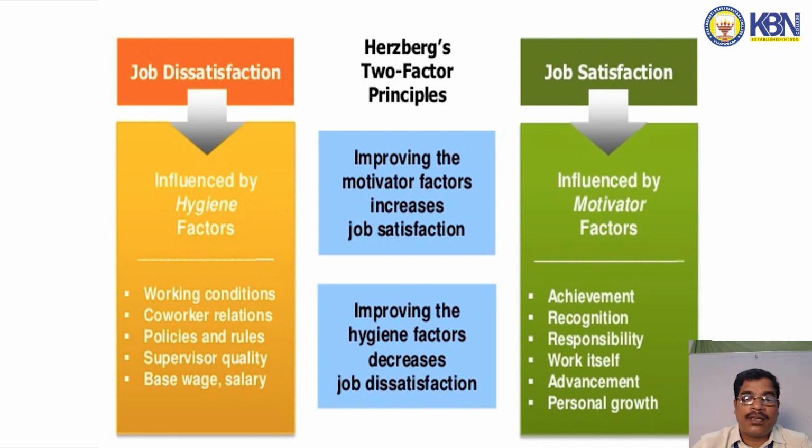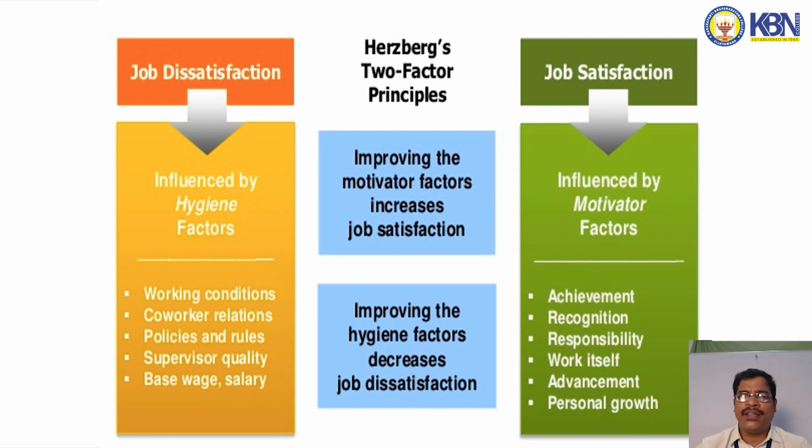And again, supervisor quality. Suppose every employee expects some good rapport with their supervisors. Every supervisor has to guide their employees very well, has to communicate with them well, has to provide every piece of information needed to accomplish the given designed targets and goals.